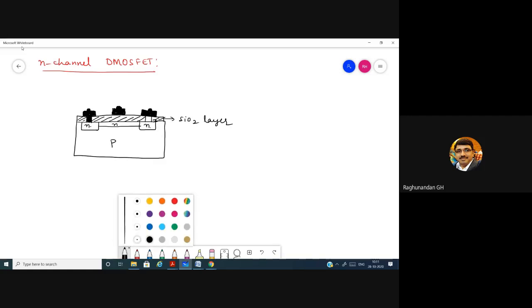So now this is the source, the middle one is the gate, and the last one is the drain. And the speciality with the MOSFET is, instead of having three terminals, it will have four terminals.